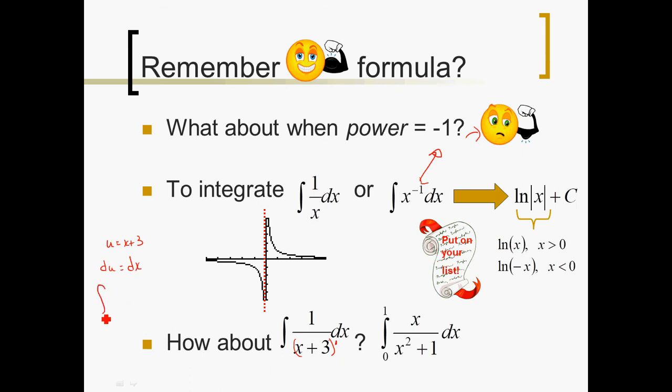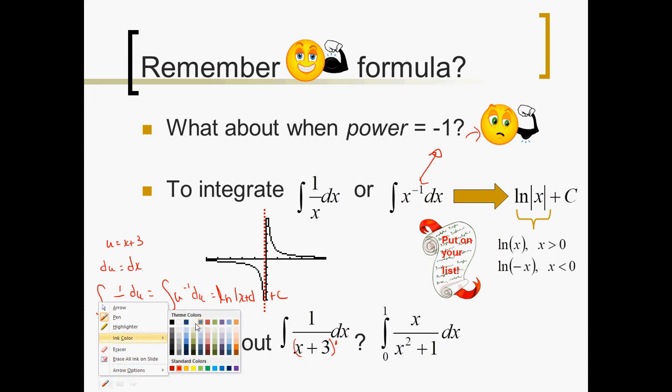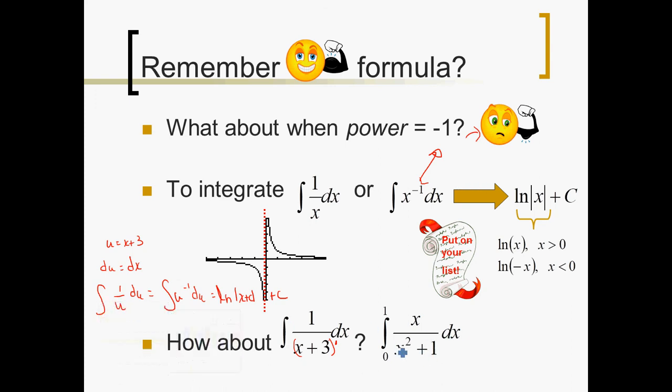So this is the integral of 1 over u du, which of course is the integral of u to the -1 du, which is ln of the absolute value of u plus c. So how about the second one?